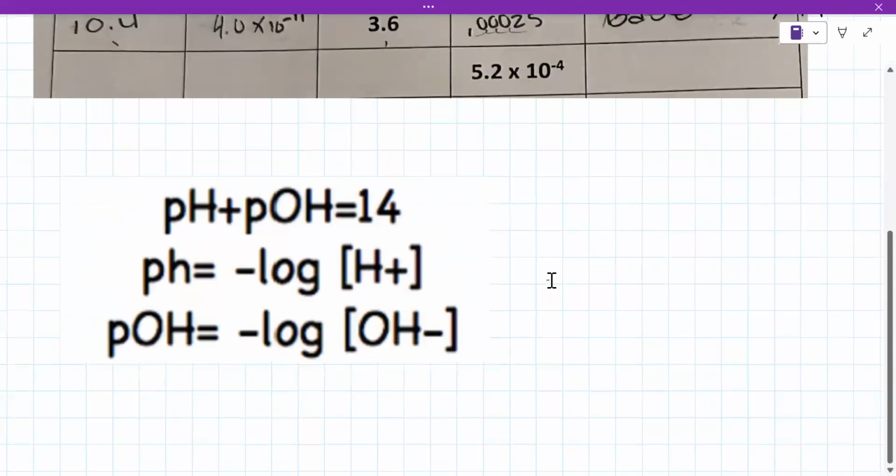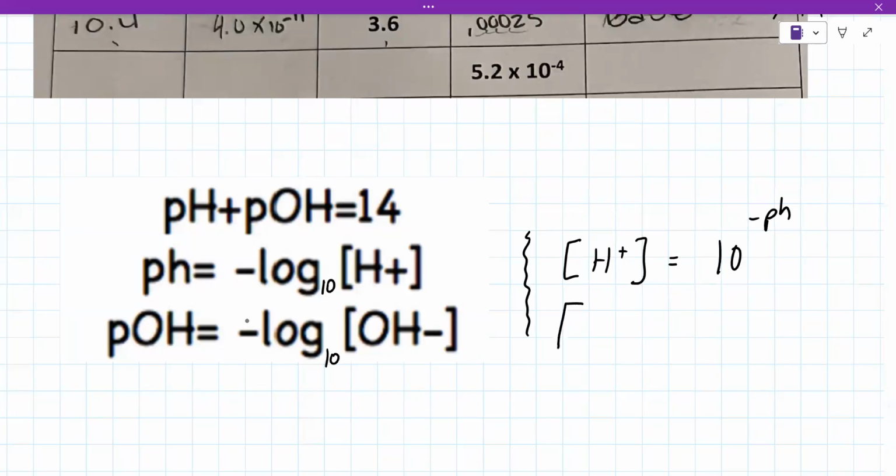So pH plus pOH gets to 14. pH is minus the log, base 10, of the H plus, and the pOH is minus the log base 10 of the OH minus. And if we need to work these backwards, which occasionally you have to do, the concentration of H plus ions is 10 to the minus pH value.